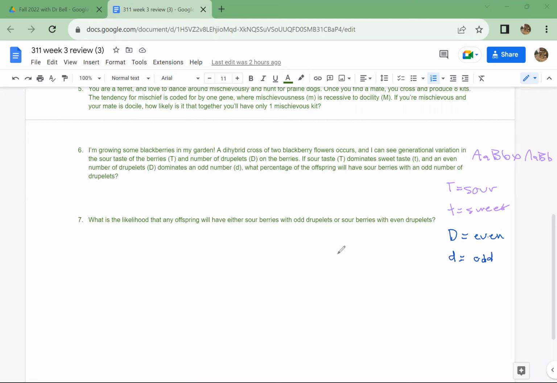And a druplet on like a blackberry or a raspberry is when you're looking at the berry as a whole. Each of these individual pockets is a druplet. And that's because rose fruits like peaches, plums, almonds, cherries, they're called drupes. They have a pit in the center.